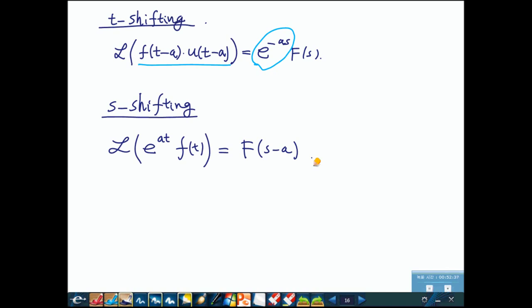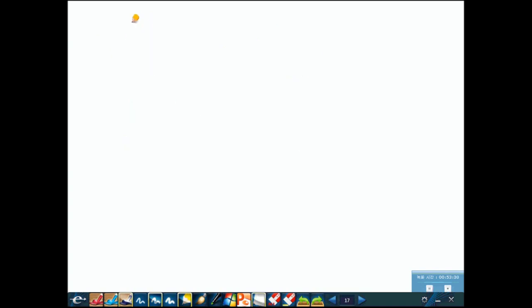Right? So shifting in S domain becomes multiplication of exponential function, right? But in t shifting, on the other hand, if you multiply exponential function in the S domain, that means exactly the time shifting.